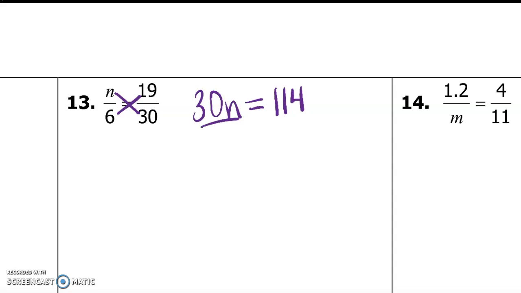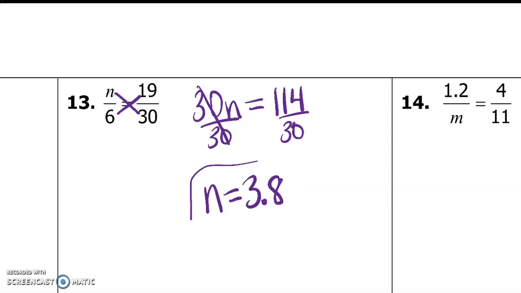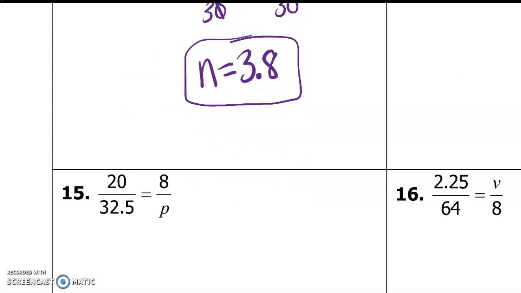Then we need to divide by 30 in this case to get the n by itself. So 114 divided by 30 gives me 3.8. So again, I'm not going to write it out, but if you want to check, you put the 3.8 over 6. You can cross multiply again, or you can divide them out to make sure it's the same decimal. So there's your answer for that one.